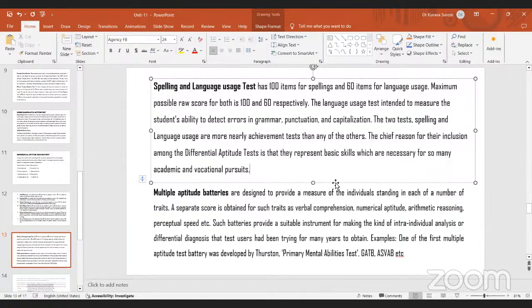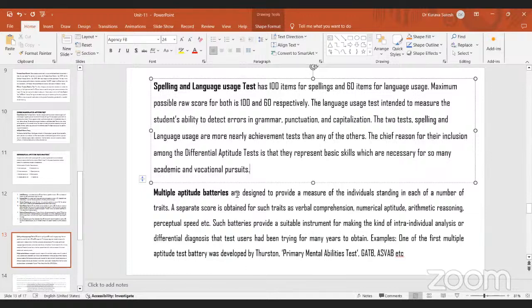The chief reason for their inclusion among the differential aptitude tests is that they represent basic skills which are necessary for many academic and vocational functions.